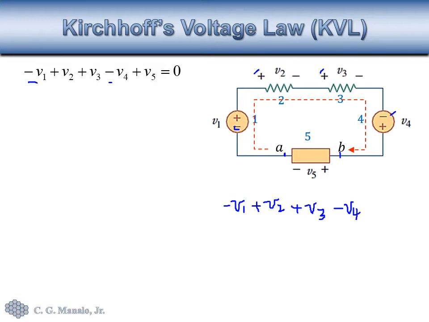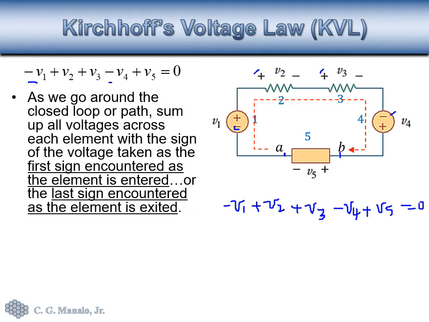And when I arrive at point B, I encounter the positive sign for element 5, so I write plus V5 and then equate that to 0. So that is how we determine the signs of the voltages across the elements.